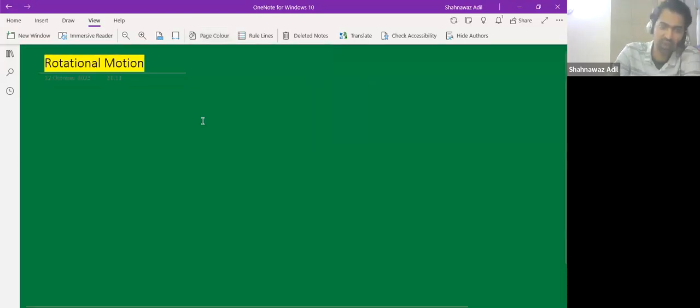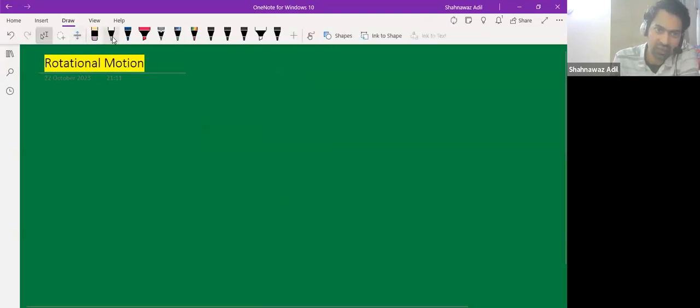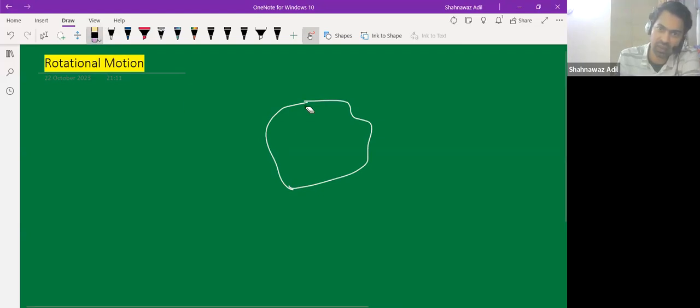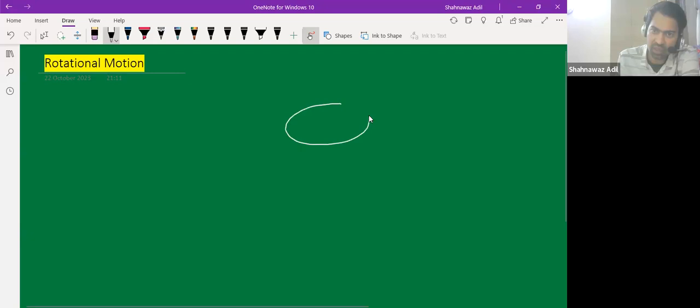Okay, so what did we do in the previous class? We understood about the angular velocity, right? So let's say we had this body, or let's say if we are talking about a particle. So first we talk about a particle, and this was moving, and this was the point of observation, and this was the position vector, right?